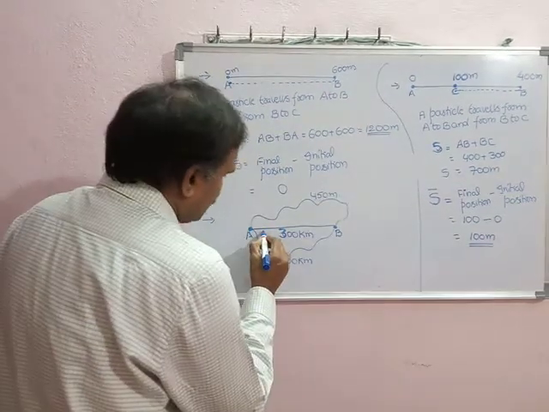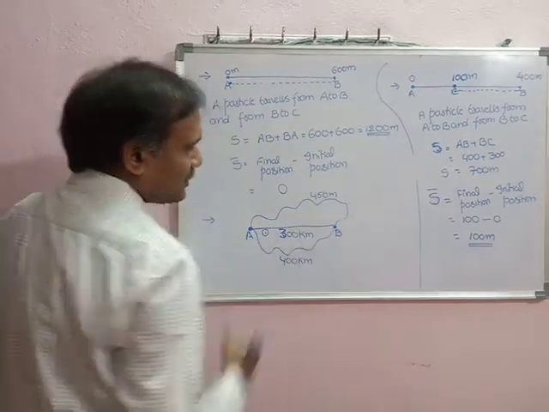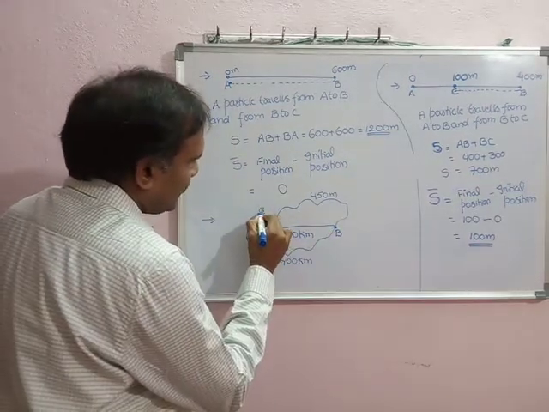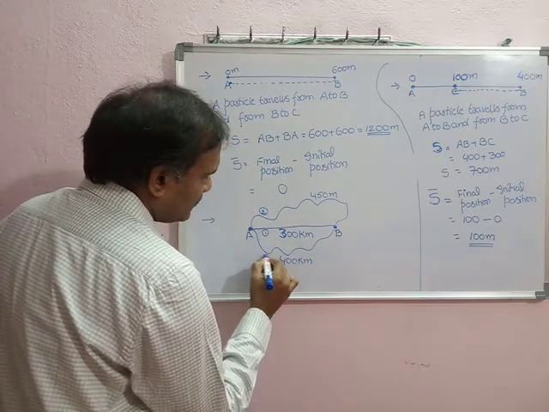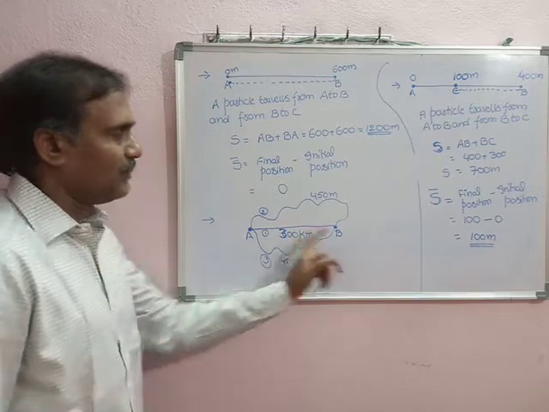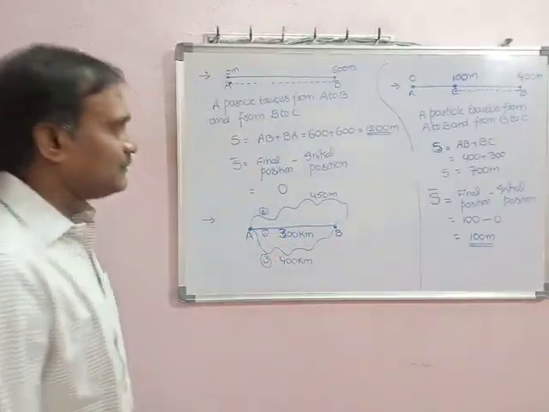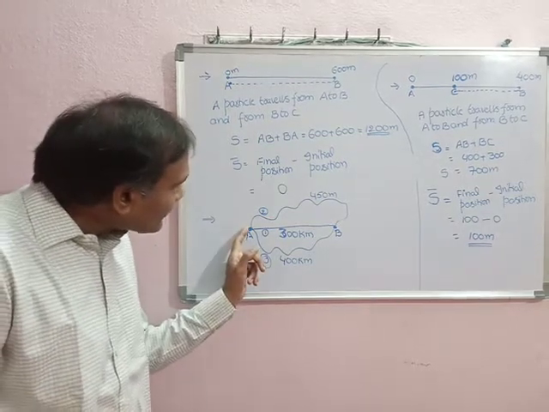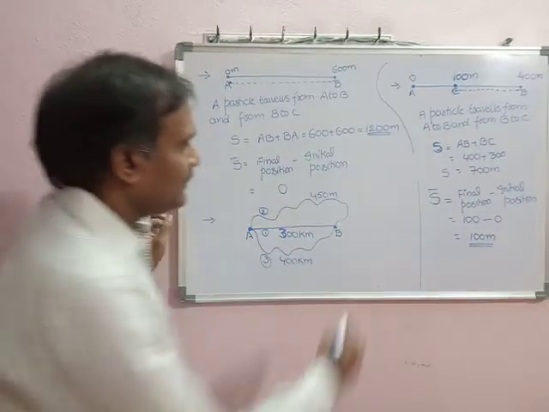Now, this is one path, one way to reach the station B. This is the second way to reach the station B from A. This is the third way to reach the station B. Now, what is the path length traveled by the vehicle along the path 1?